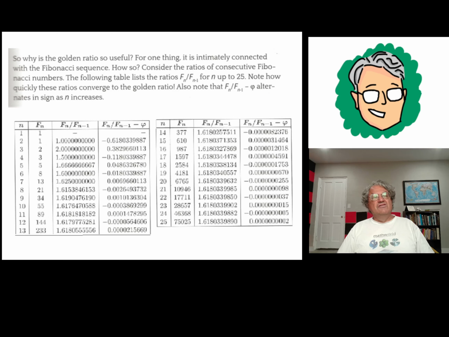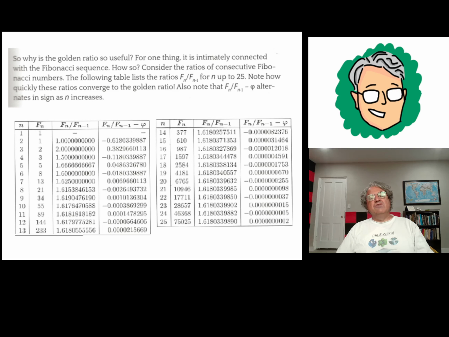It turns out that if you take the limit as n goes to infinity of F_n over F_(n-1), that limit is equal to the golden ratio. You can actually prove that. I'm not proving it here, I'm just demonstrating it numerically. So in the third column, I showed what these ratios are. In the fourth column, I showed the difference between these ratios and the actual value of the golden ratio.